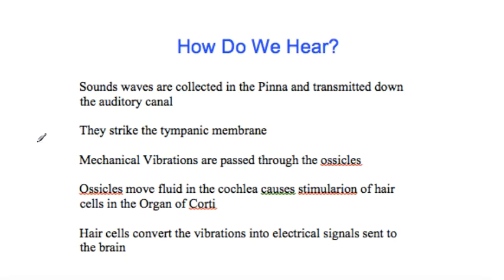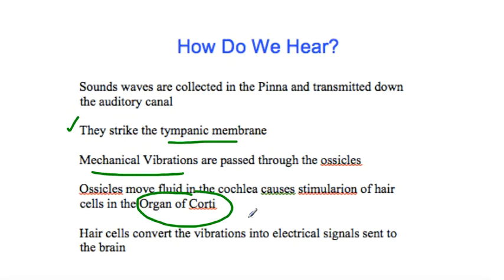Sound waves are collected in the pinna. They're translated down through the auditory canal. They then strike the tympanic membrane, right, where they're converted into mechanical vibrations. And those are passed through the ossicles, which amplify it. And then the ossicles cause movement of fluid inside the cochlea. Now, there's a part of the cochlea called the organ of Corti, and this has the receptors in there, and they're called hair cells, and they actually look like hair.